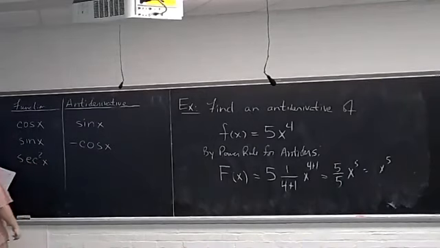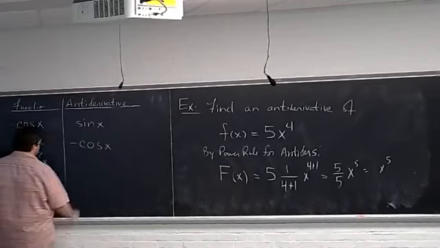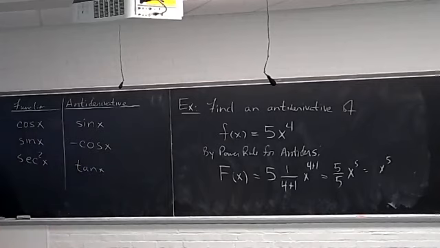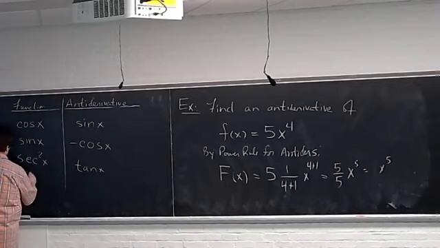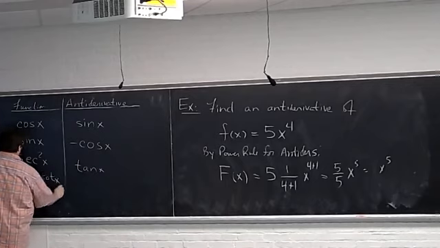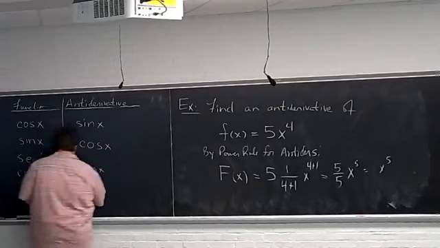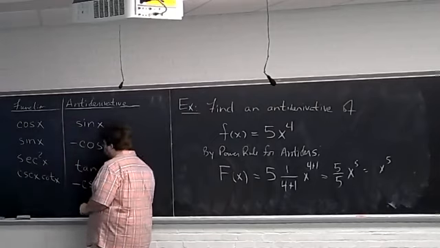Another reason the antiderivative rules aren't as convenient is illustrated by the trig functions. The antiderivative of tangent is actually complicated to find, but the antiderivative of secant squared is not, because we have the rule for tangent. Next, the derivative of cosecant is negative cosecant cotangent, so an antiderivative of cosecant cotangent is negative cosecant.